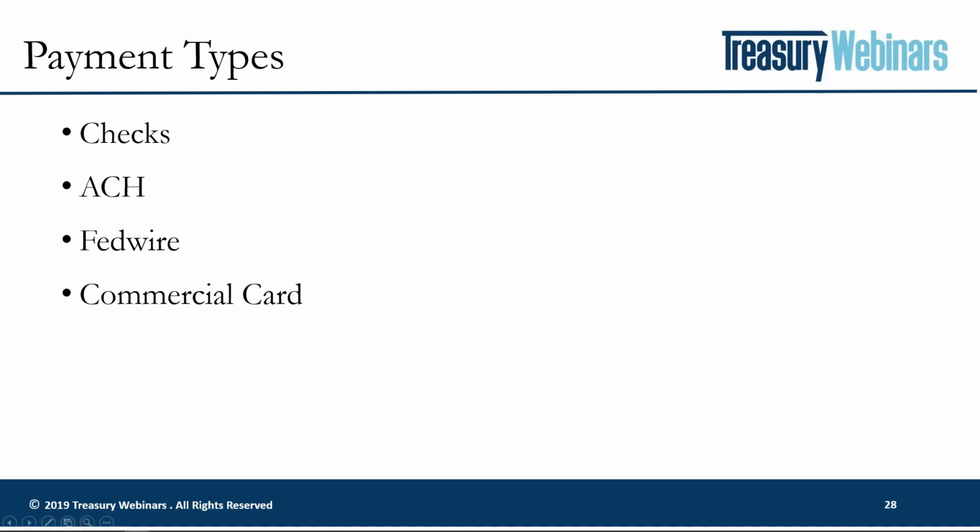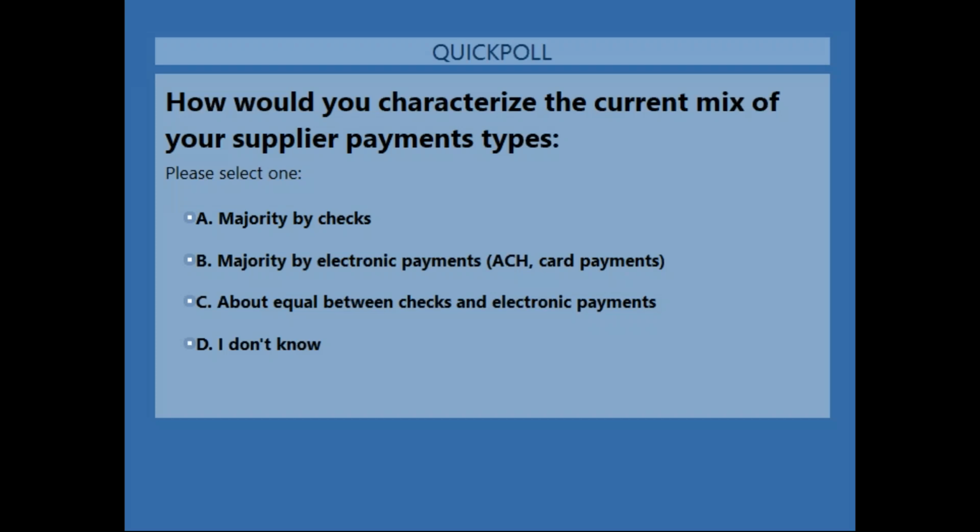So before we get into that discussion on what the cost looks like, let's go ahead and launch our next polling question. Just curious about the payments characteristics of our audience here, just asking you to share with us your current mix of payments by supplier type. So is that majority by checks, are you still doing that, majority by electronic payments, anything ACH, wire, card payments, or do you have about an equal amount between checks and electronic payments? And then you may not know. So again, I appreciate everyone's consideration in answering all of our polling questions here today.